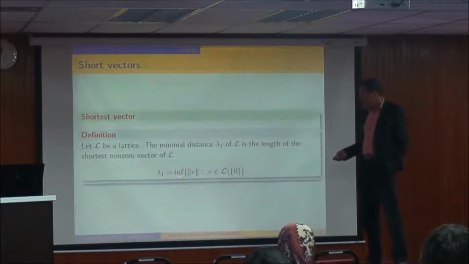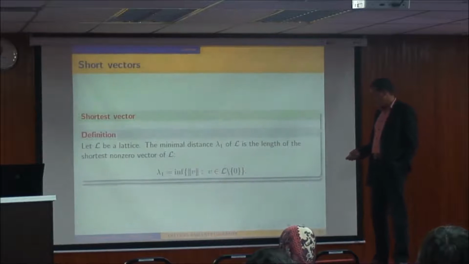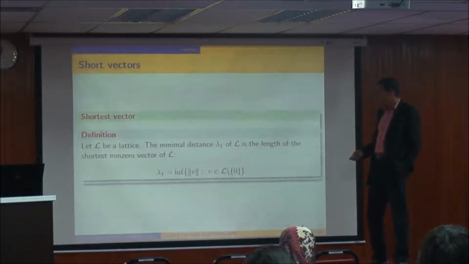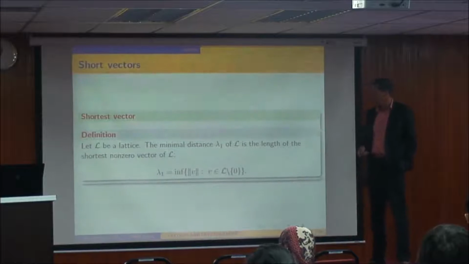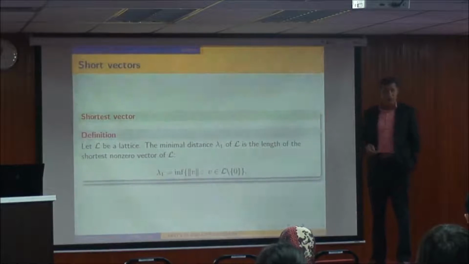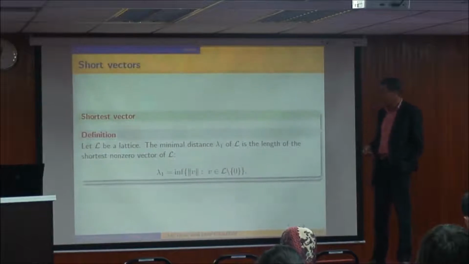We say that lambda 1 is the minimal norm of V, such that V is a vector of the lattice, and of course V is not equal to 0. So this is the definition of a short vector, and we will see later that short vectors are very hard to find in a lattice.